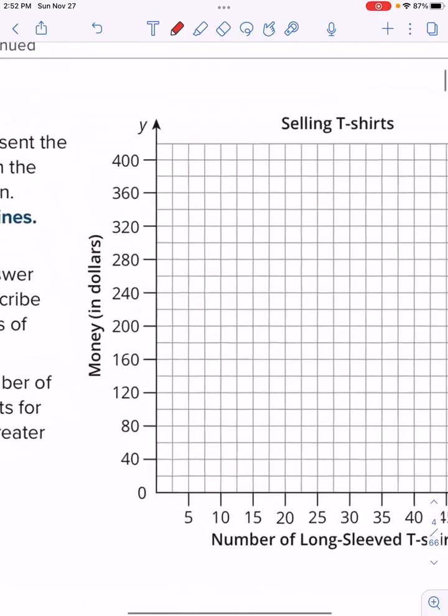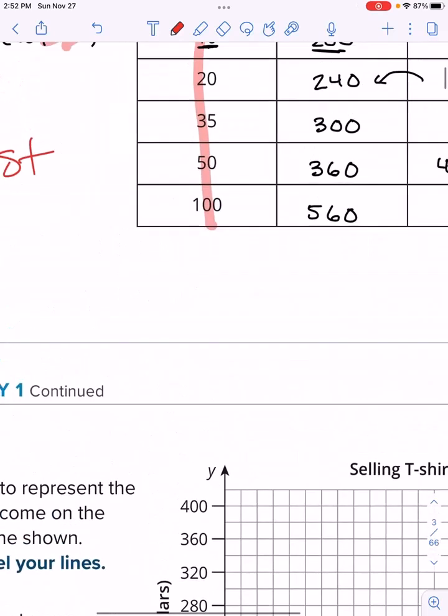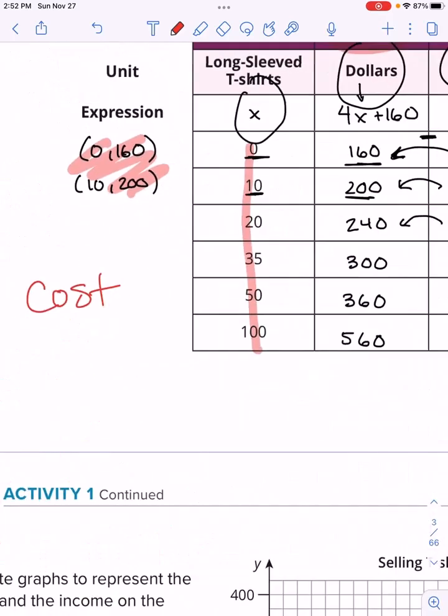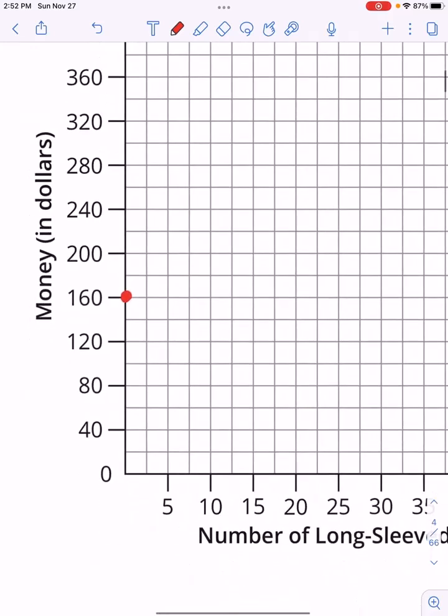So 0, 160, that means I don't move at all left and right. I just go up 160, so I'm on the y-axis. This is where we begin. This is our y-intercept. Next one, we already wrote it out, but that is 10, 200. So if I go to 10, which is right here, and 200, which is right here, and I join those, that is right here.